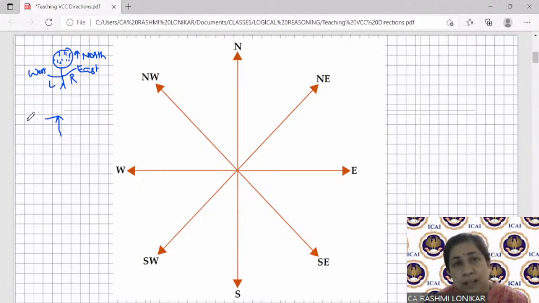Then there is another case, in which the person is facing south. Okay, he is facing south. Then what happens? This will be his left arm and this will be his right arm. So you must know this difference, that I am facing north and I am facing south.